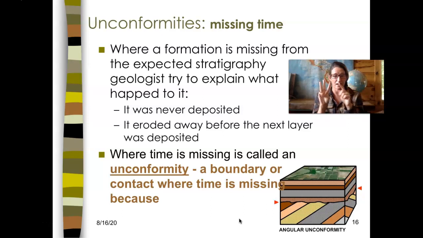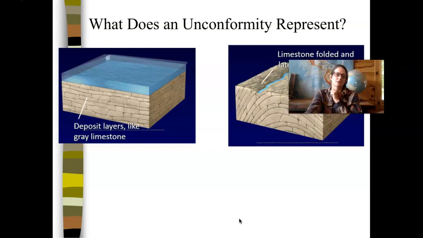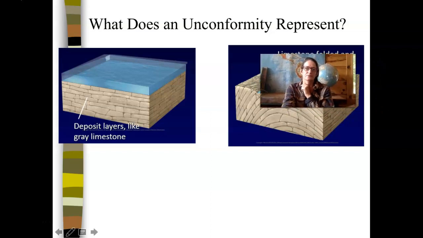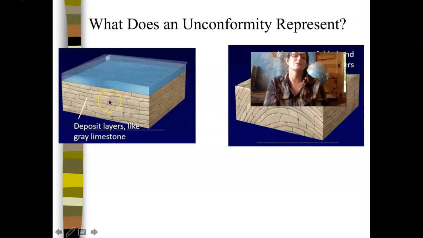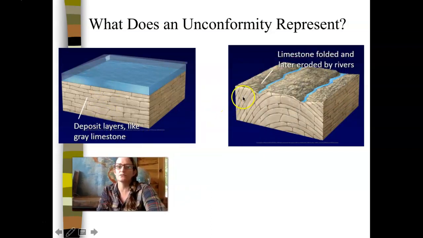And it's that layer, that boundary is that missing time. And there are three kinds: an angular unconformity, a disconformity, and a nonconformity. So let's look at this unconformity here. In the first block here, here's a deposition of a gray limestone. Later, that gray limestone was folded.